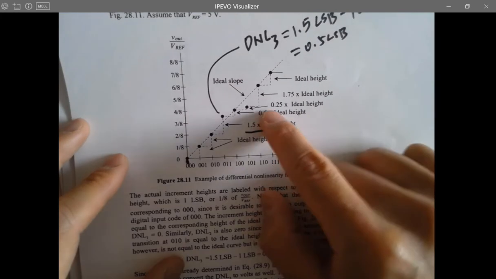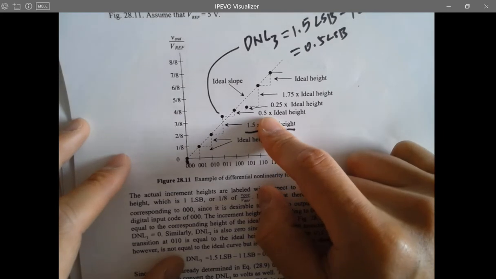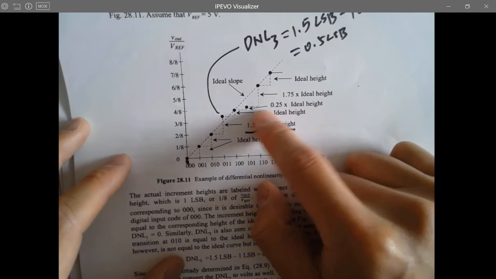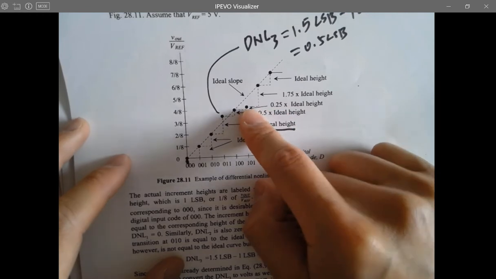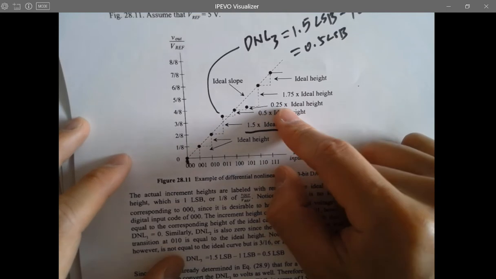So the DNL will be 0.5 LSB minus 1 LSB, which is minus 0.5 LSB. This one, that's DNL5. It's 0.25 LSB minus 1 LSB, which is negative 0.75 LSB.